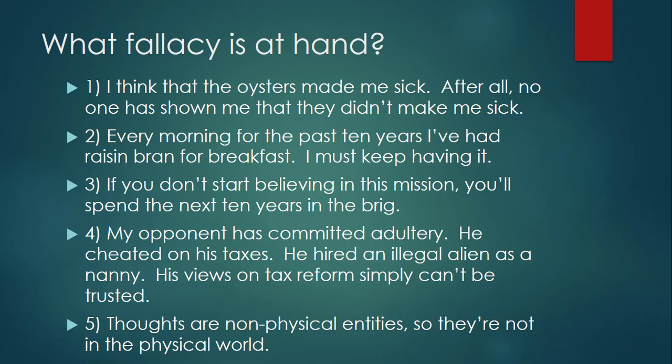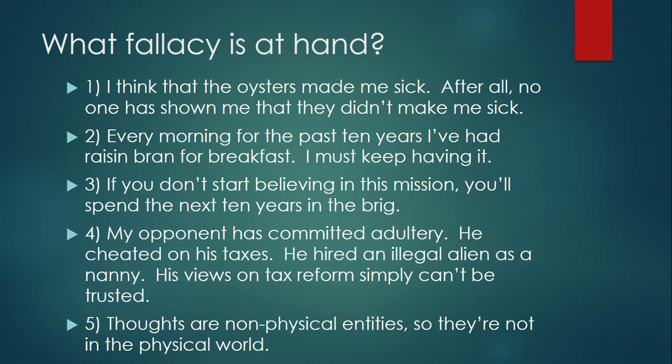Number 4: my opponent has committed adultery. He cheated on his taxes. He hired an illegal alien as a nanny. His views on tax reform simply can't be trusted. What fallacy is at play here? The fallacy at work here is the ad hominem fallacy.